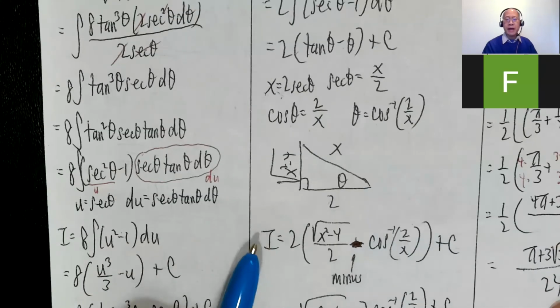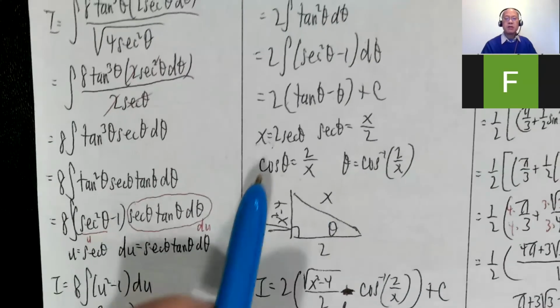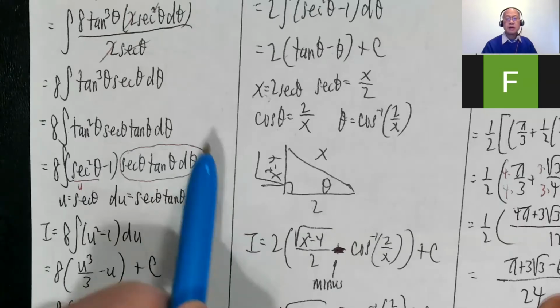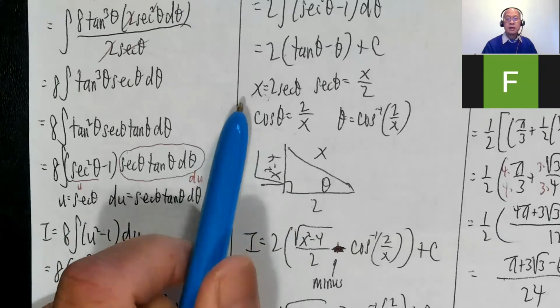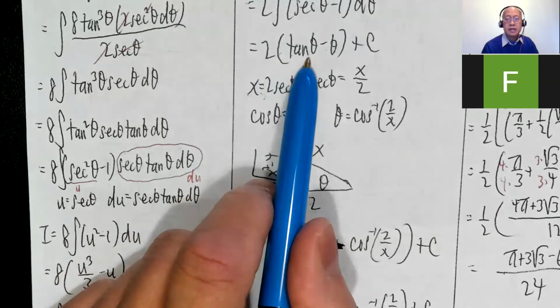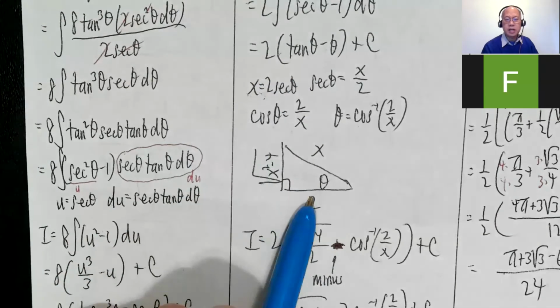All right, so now I'm ready to plug back into my integral. It's right here, right? So 2 times tangent theta. Tangent is opposite over adjacent.